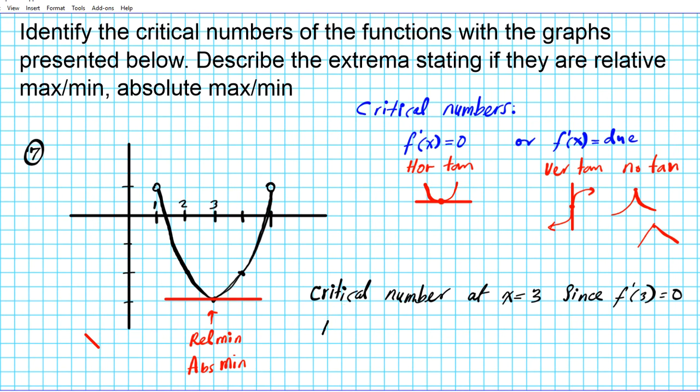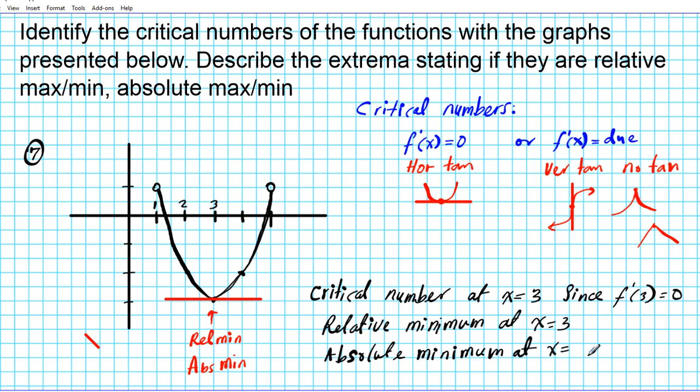We have a relative minimum at x equals 3, and we also have an absolute minimum. Remember, all absolute extrema are also relative extrema too, but not all relative extrema are absolute. So that's that for question number 7.